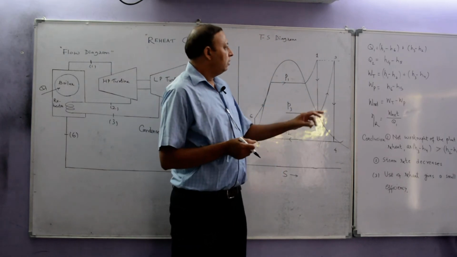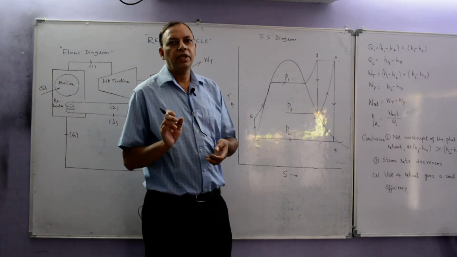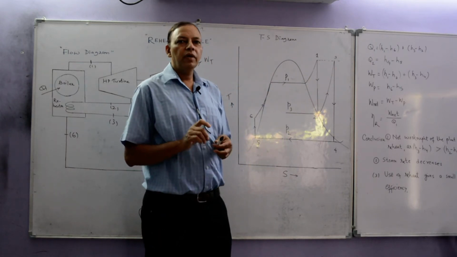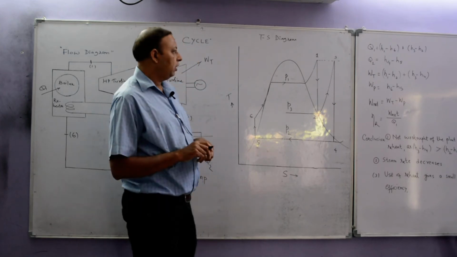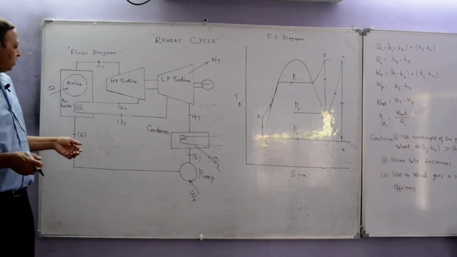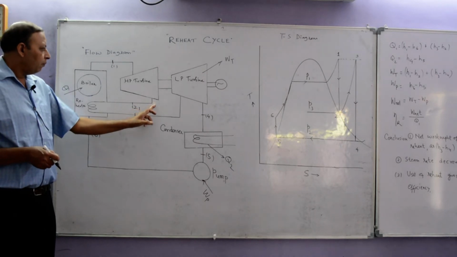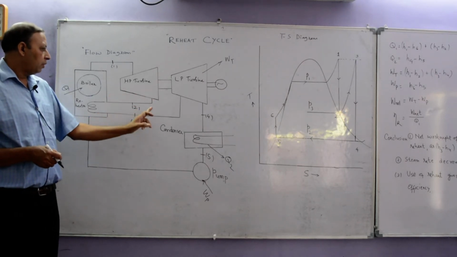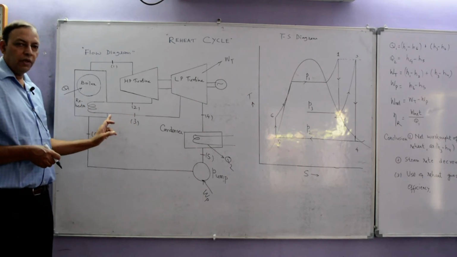Ideally the temperature at 3 and temperature at 1 must be the same. So T1 must be equal to T3 in case of ideal condition. So you can see this reheating in the reheater. After expansion from high pressure turbine, steam is reheated from 2 to 3.